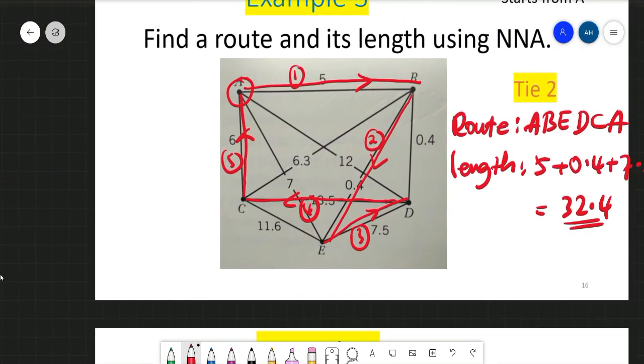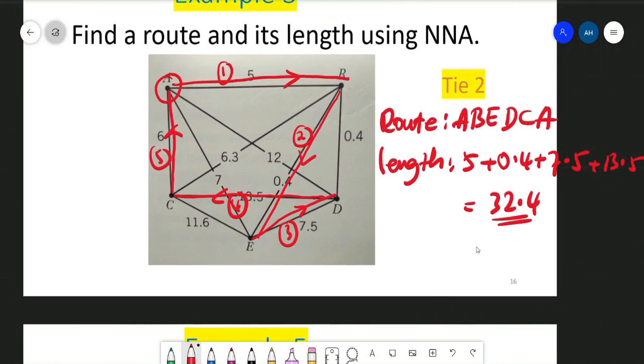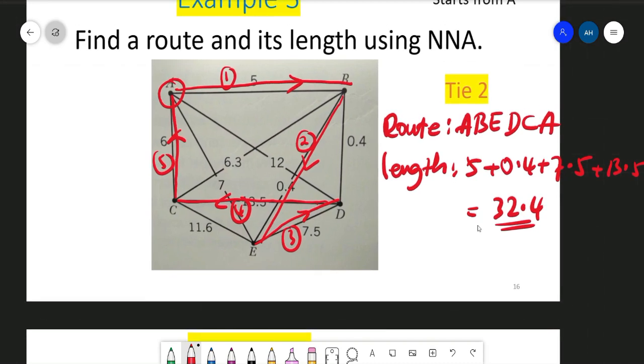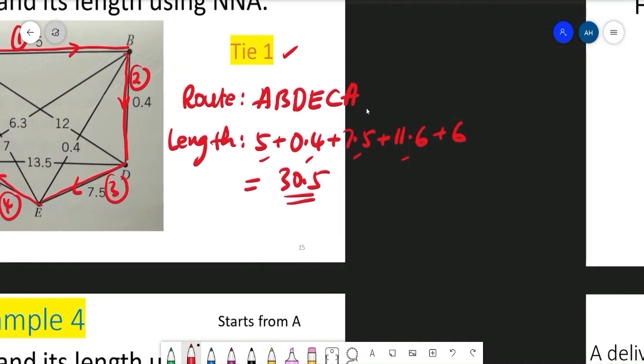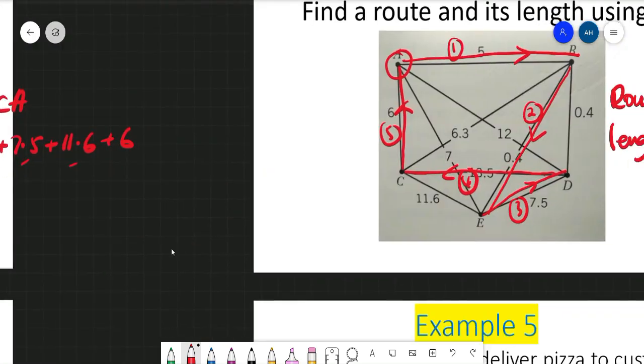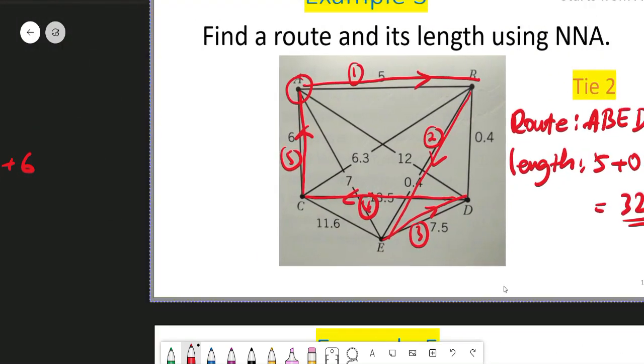Now for tie number 2, the total length is 32.4. We are looking for the minimum total length. So which route should we choose? This one from tie number 2, or this one from tie number 1? Of course we choose tie number 1 because the value here is less than the value in tie number 2.